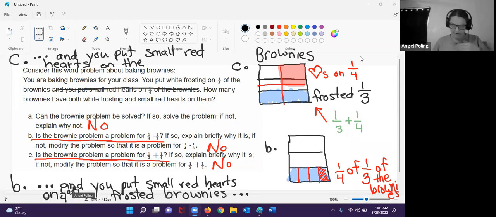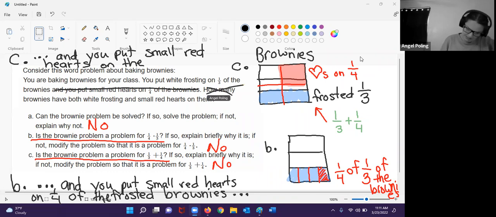We lost our fraction, on 1/4 of the frosted brownies. So let me fix this one. Okay, that's better. Oh, we don't know how many also. So that's another fix that we have to do for this one.